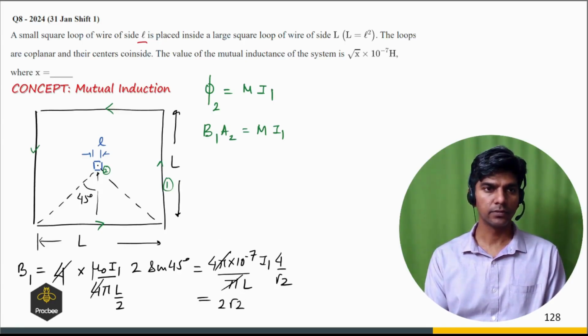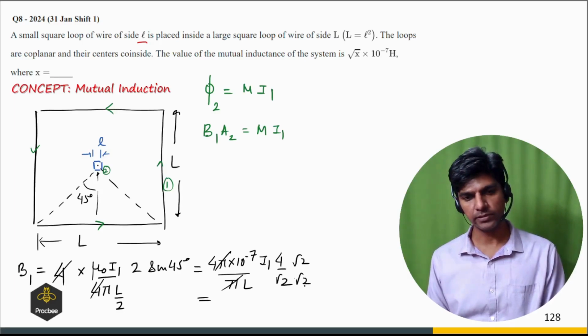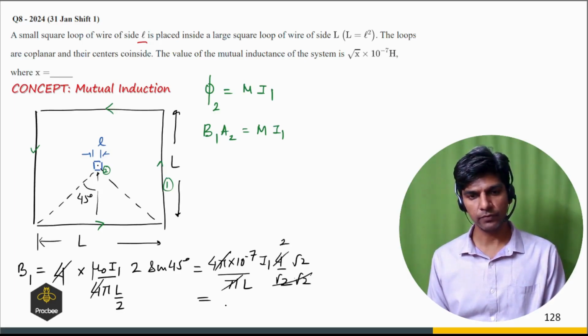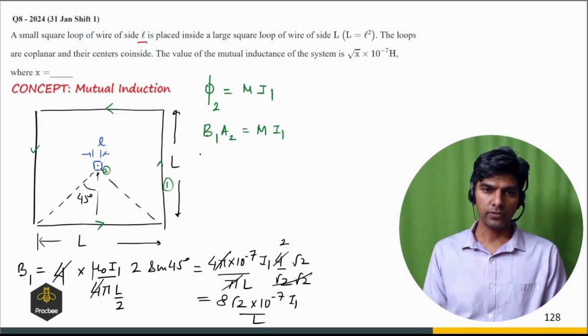Let me correct this. If I rationalize this, it will give us 2, so it will be 8 root 2. So 8 root 2 times 10 raised to power minus 7 times I1 by L. So that is B1.